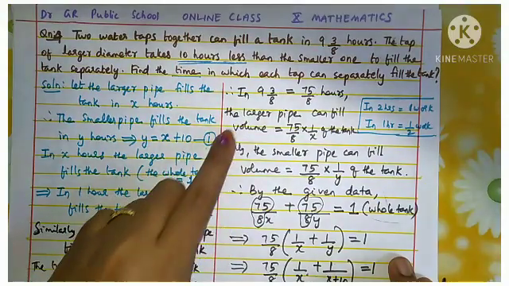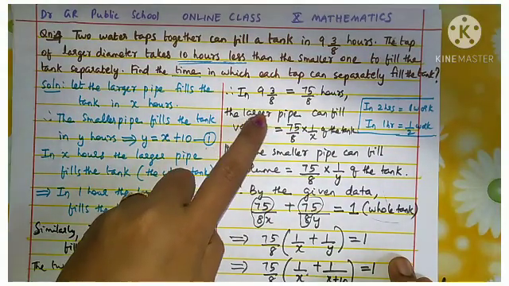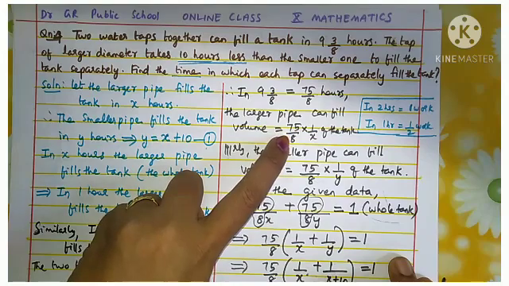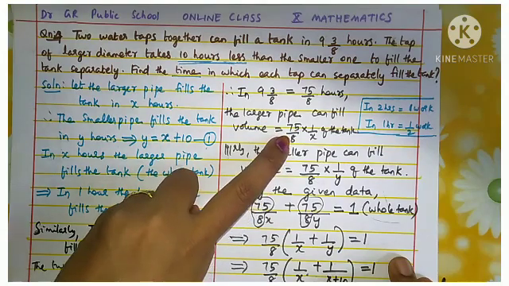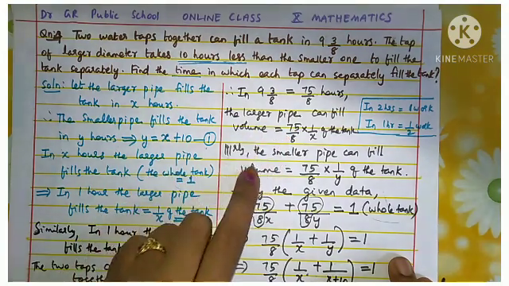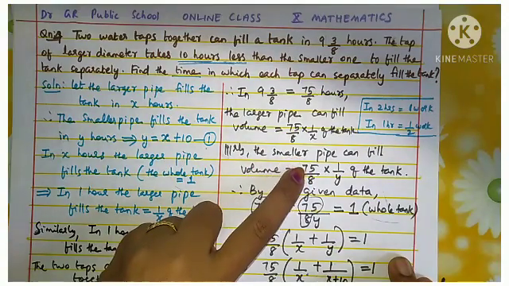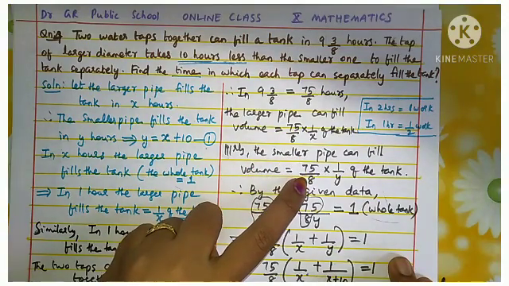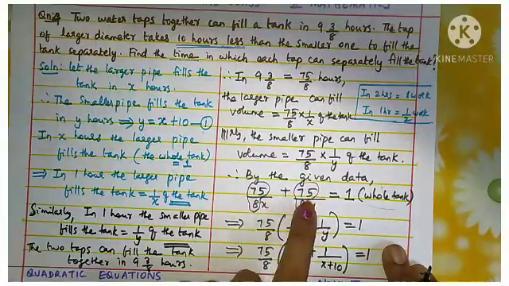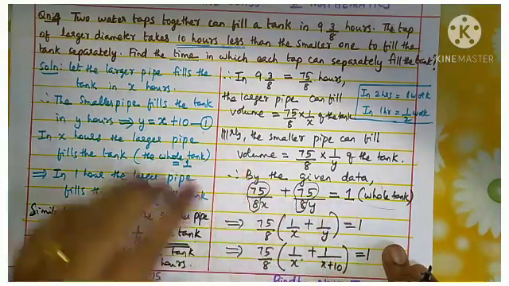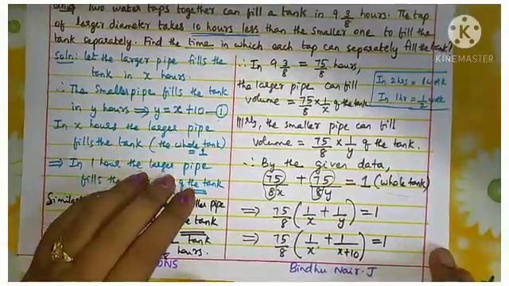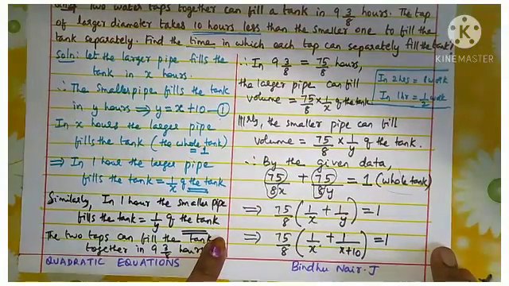So we calculated for the larger pipe how much volume is filled in 75 by 8 hours, and similarly the smaller pipe in 75 by 8 hours. So the total volume we are taking equal to 1 and proceeding with the steps. Okay. So understand the concept very clearly.